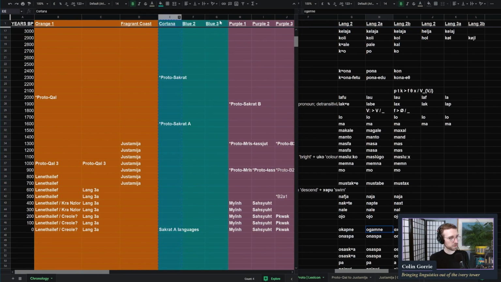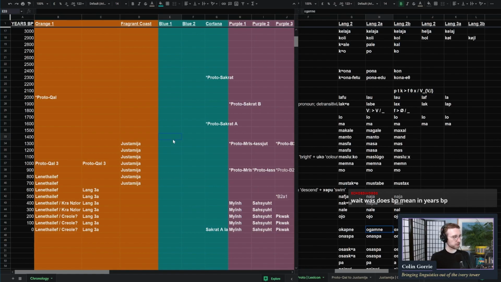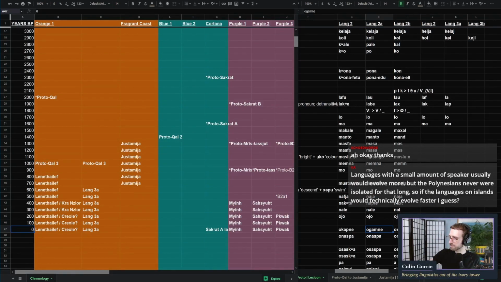Let's put this region over here and then call this blue 1. And we can have protocol 2 hang out in this blue continent. BP means before present. So we're just counting backwards from some 0 date, which we're calling the present for the purposes of this project. Alrighty.